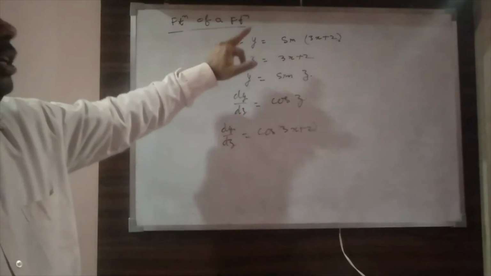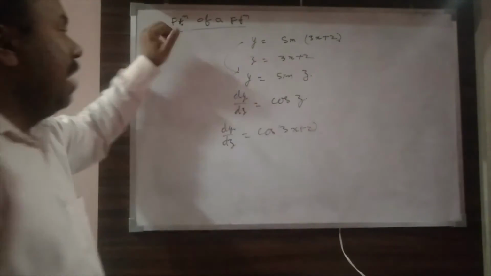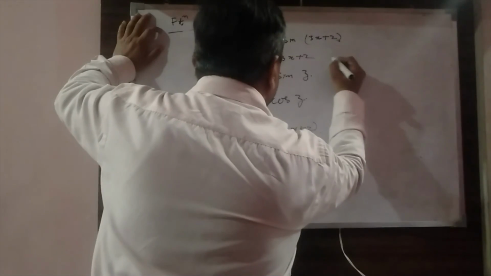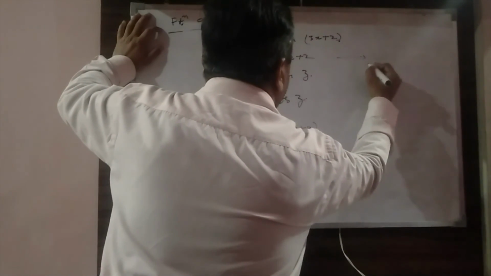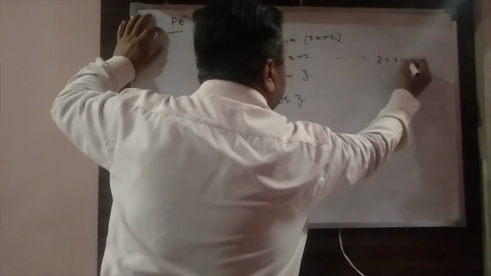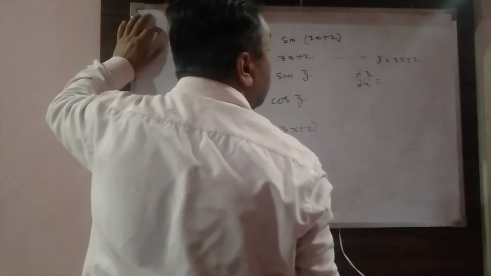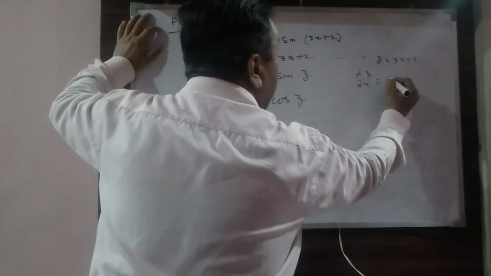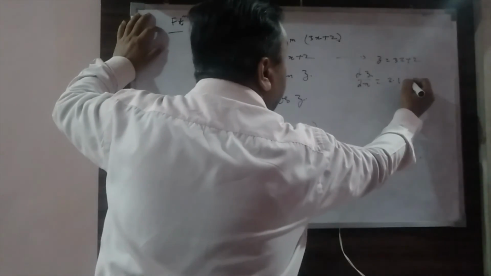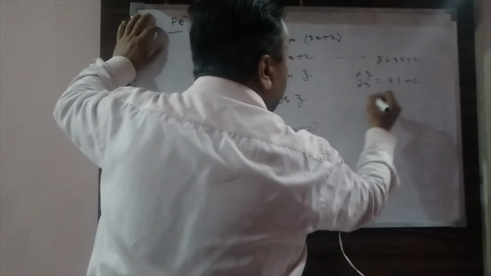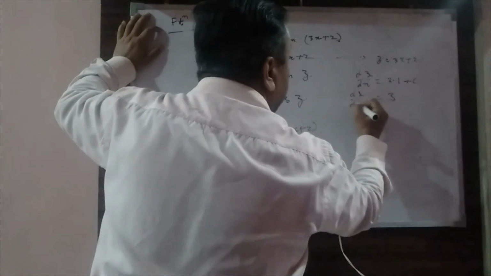I have to find out dy by dx. So I will take from there. If z is equal to 3x plus 2, then dz by dx is equal to what? 3 multiplied by 1 plus 0. So it is equal to 3, dz by dx.